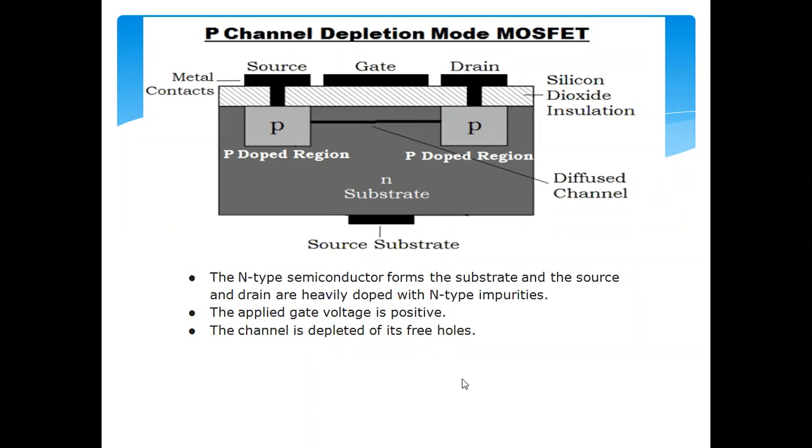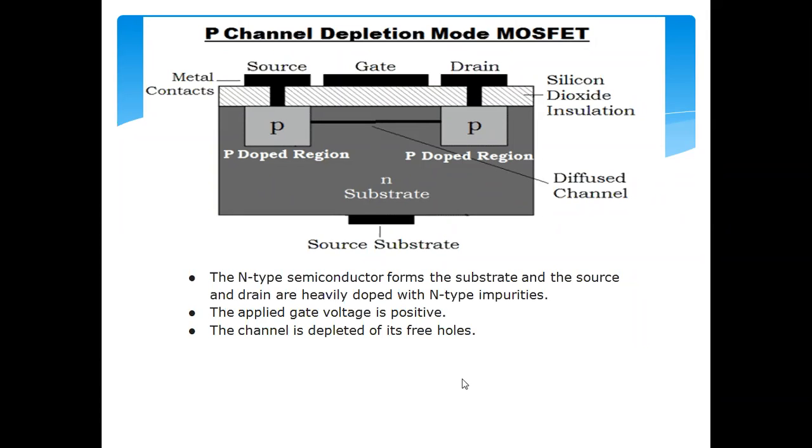In case of P channel, the applied gate voltage is positive, and in case of N channel, the applied gate voltage is negative. And obviously, as we are adding p-type impurities or p-type doping agent, more free holes are available, and those will be the majority carriers.